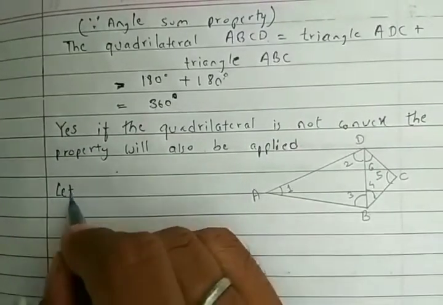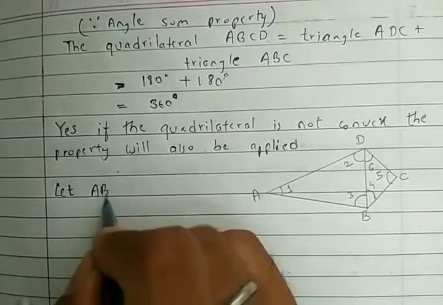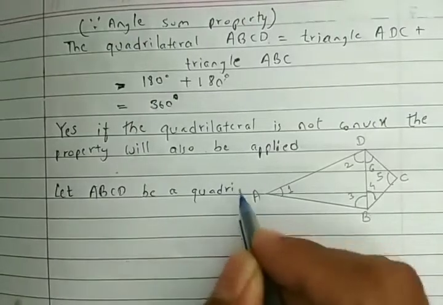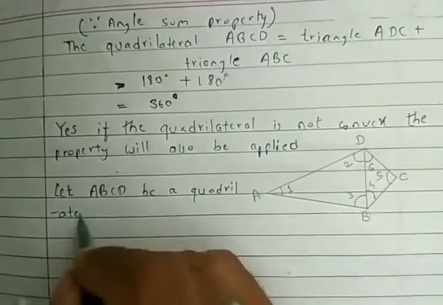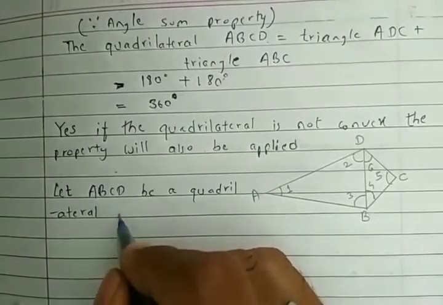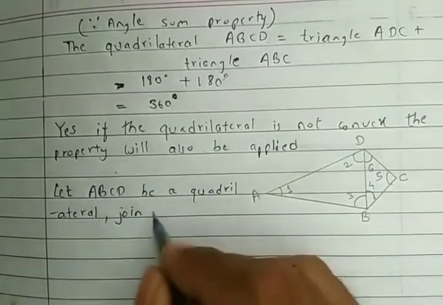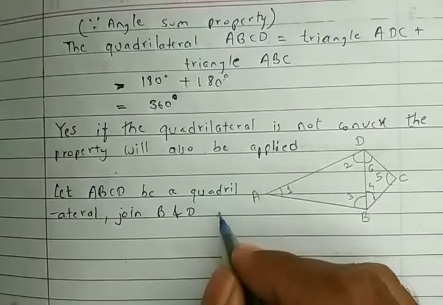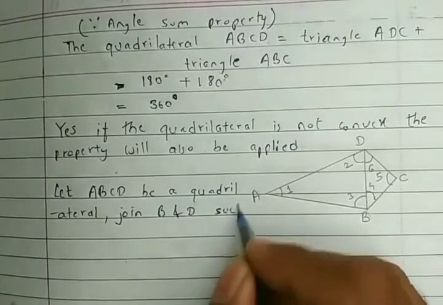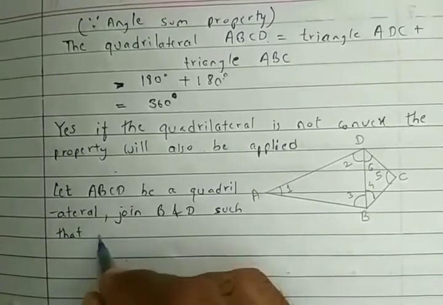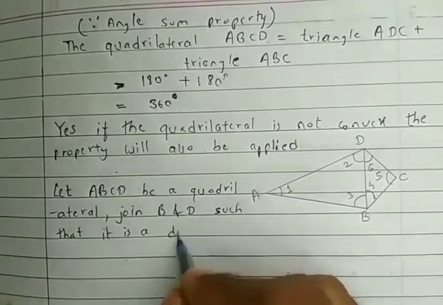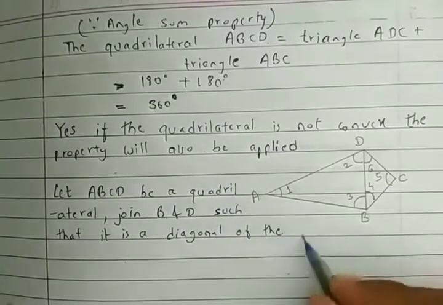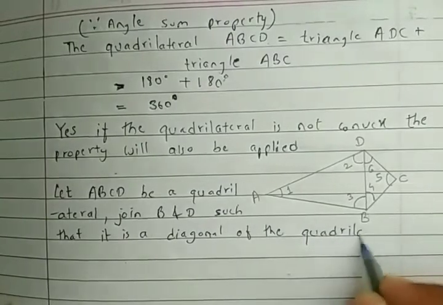Let A, B, C, D be a quadrilateral and join B and D such that it is a diagonal of the quadrilateral.